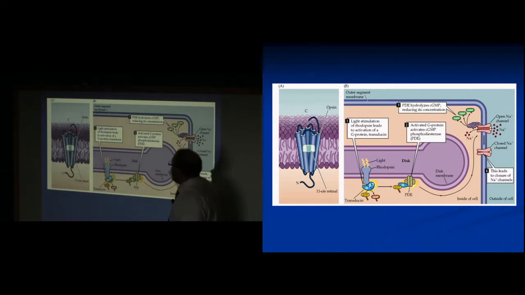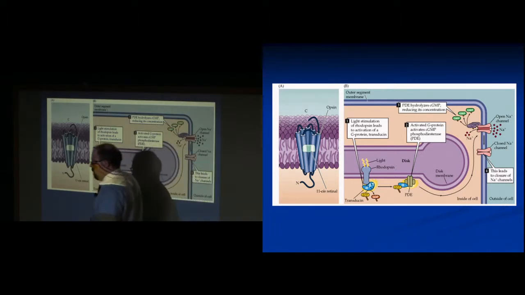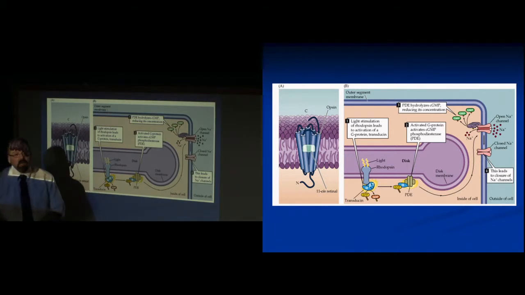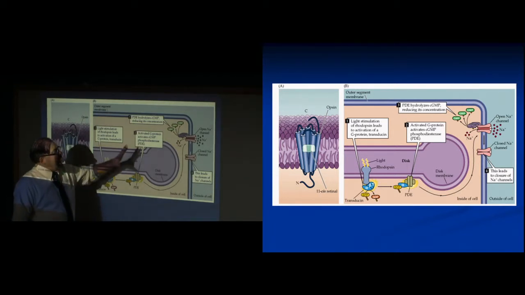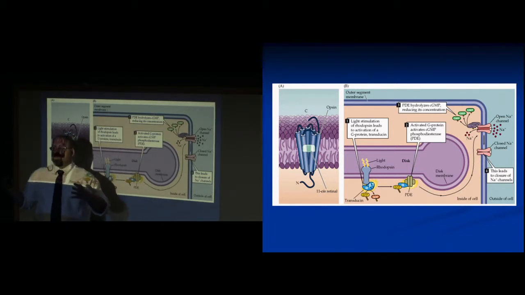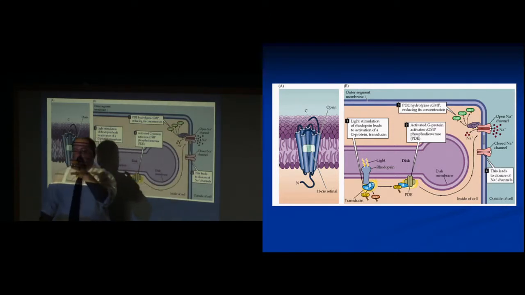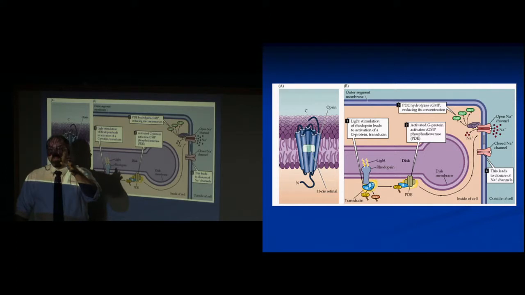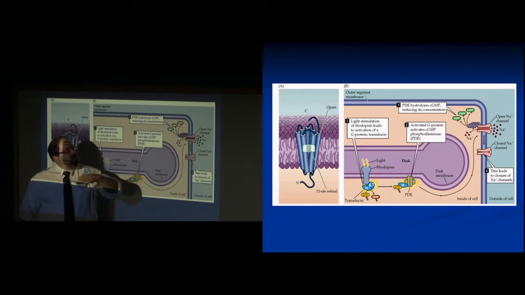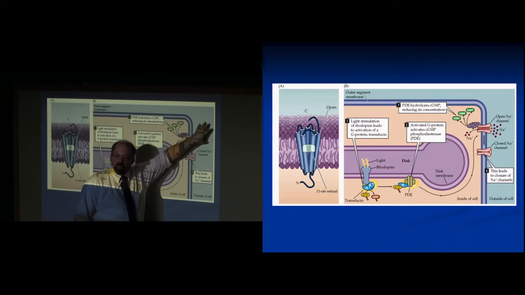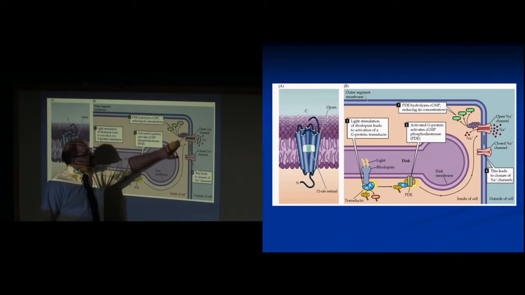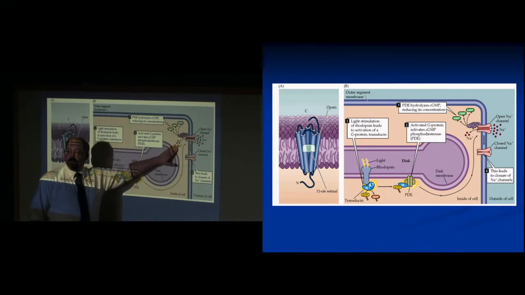Now, one thing about the photoreceptor that's a little screwy. At rest, just sitting around, doing nothing, these sodium channels are always open. What happens when a sodium channel is open? Sodium's going to flow down its concentration gradient from the extracellular fluid to the intracellular fluid.